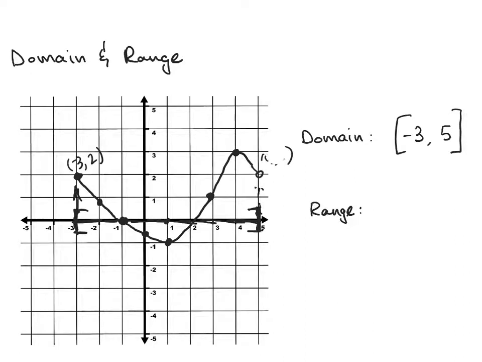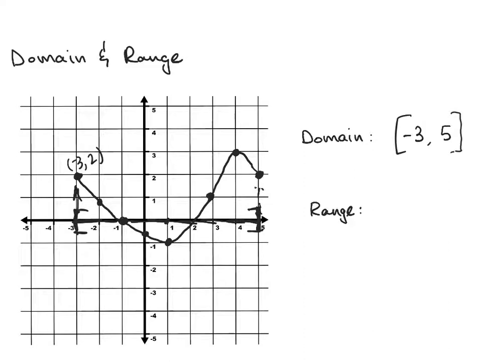It doesn't exist. So 5 isn't in the domain in that case, and for that we would use a parenthesis rather than a bracket. So just some different variations there to be aware of, but since it was a closed circle to begin with, I'm going to finish it off how we started with a bracket.